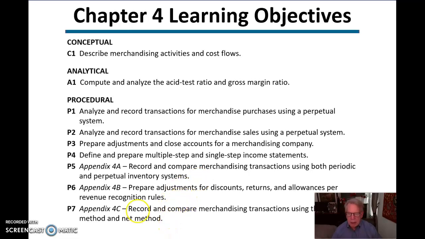Okay, and lastly, we'll briefly go over these new revenue recognition rules. I don't put a lot of emphasis on that in this course, but I do want you to know how to do it. Okay, and then lastly, we'll take a look at the gross method and the net method. Pretty easy, I think.